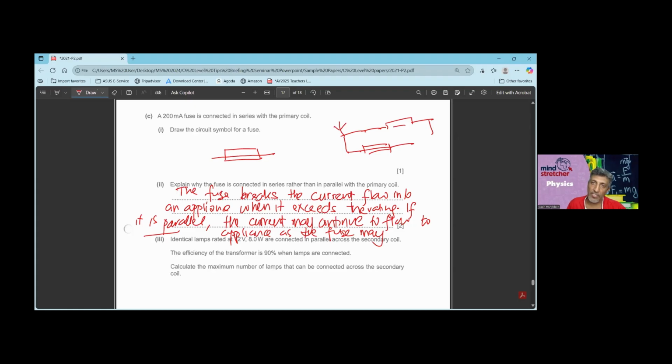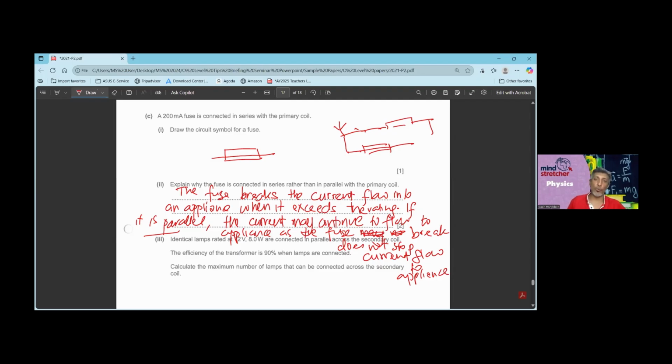So if the current exceeds, the current can continue to flow into the appliance, as the fuse breaking does not stop current flow to the appliance.